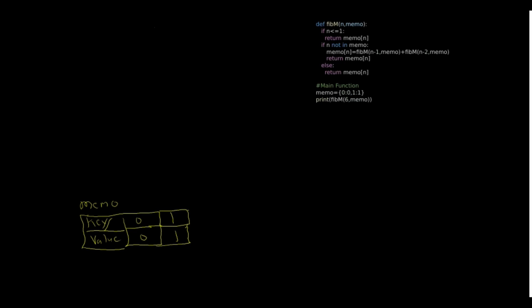All right. Let's trace it. To keep things short, I know it's supposed to be fibm, we're just going to use fib, and I'm not going to add the dictionary and the parameters. Six.